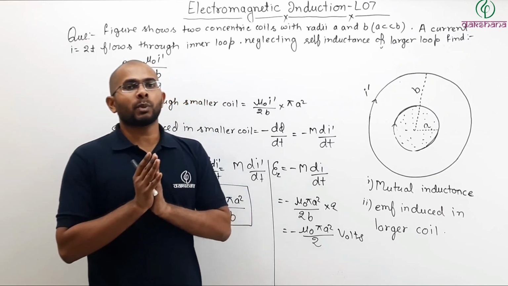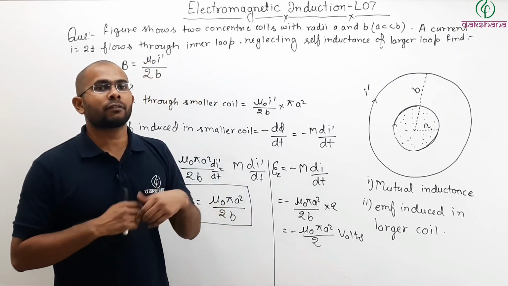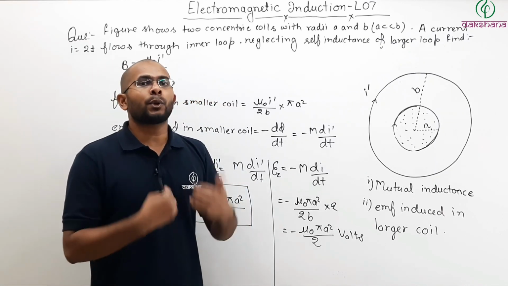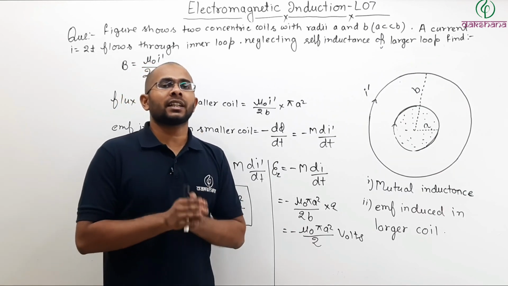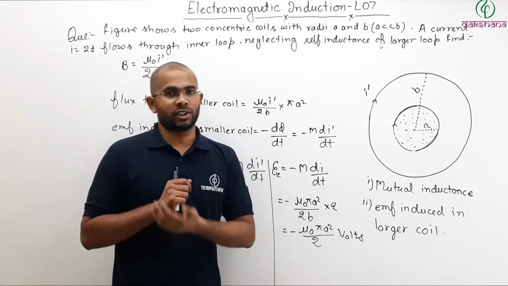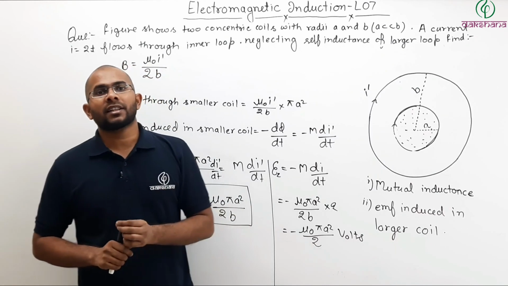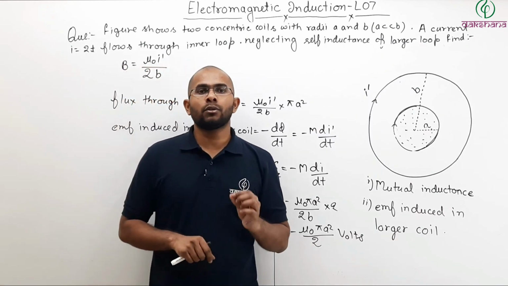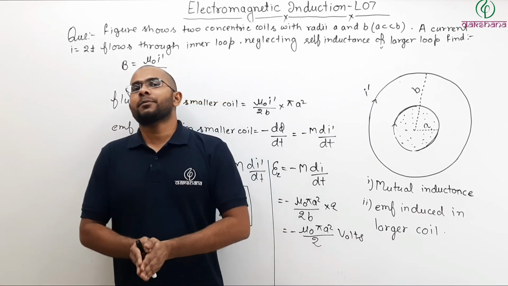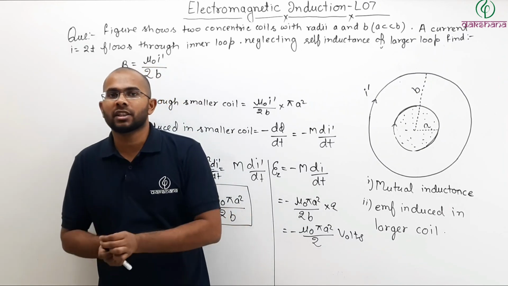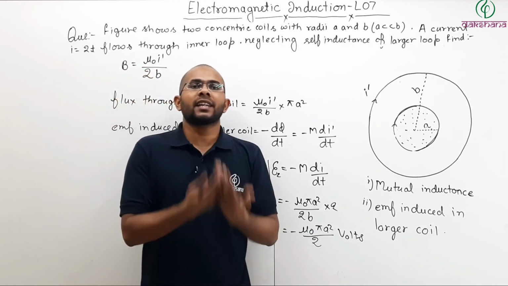We have also talked about how you can calculate equivalent inductance when two or more inductors are connected in parallel. In the next lecture, we will be talking about how we can use the concept of electromagnetic induction to generate AC current.